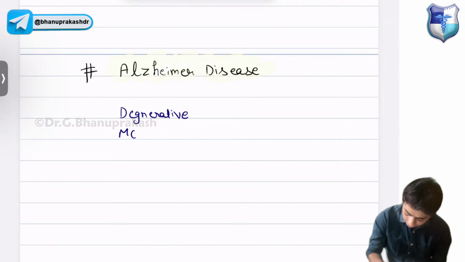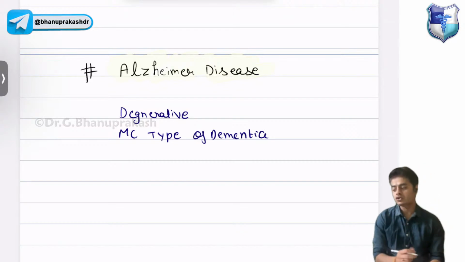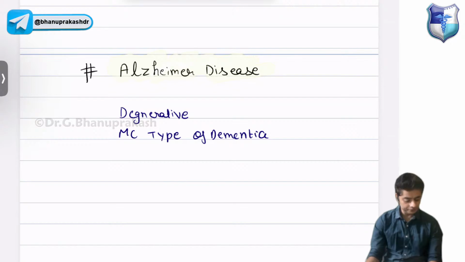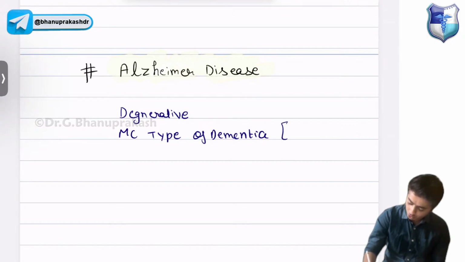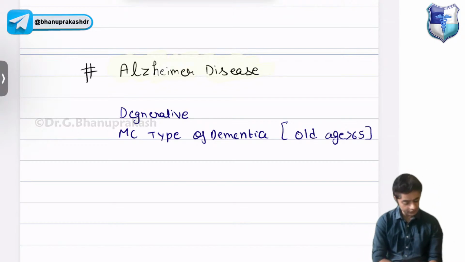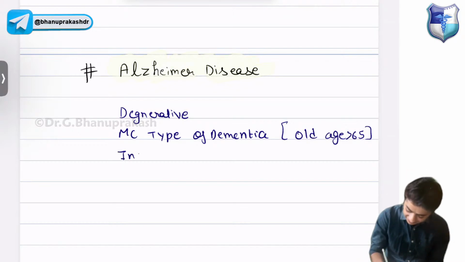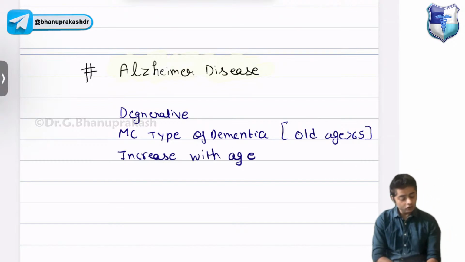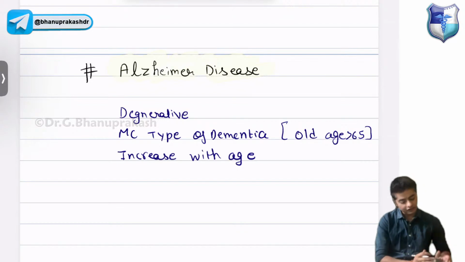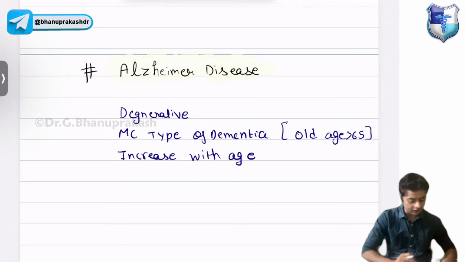It is the most common type of dementia, especially in old age people, in old age, greater than 65. Other thing, it increases with age. Frontotemporal dementia is also a neurodegenerative type, but it is another type.